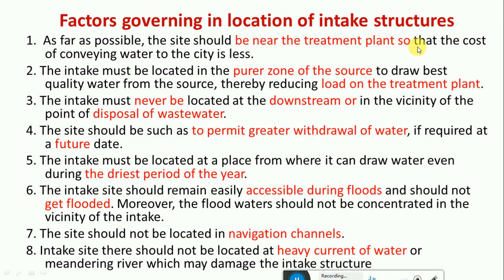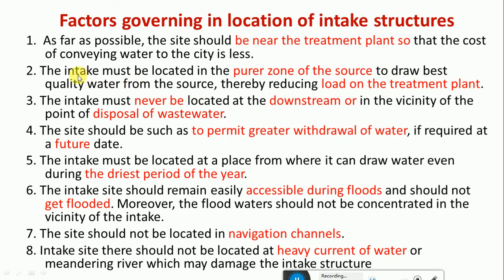This is because if it is nearer, the cost of conveyance of water will be less. If it is through large distances, we may have to incur more cost on the project, because it involves excavation and laying of pipelines over longer distances, which is time consuming and also requires more cost.